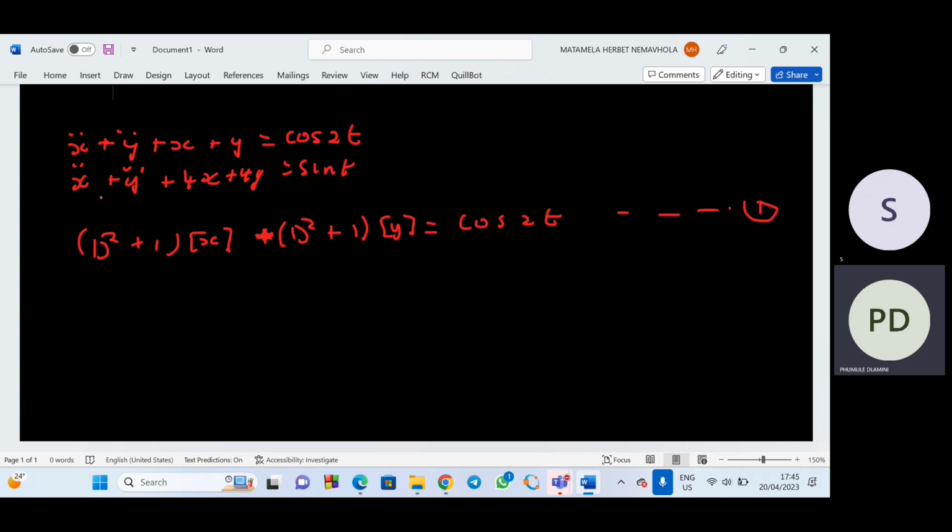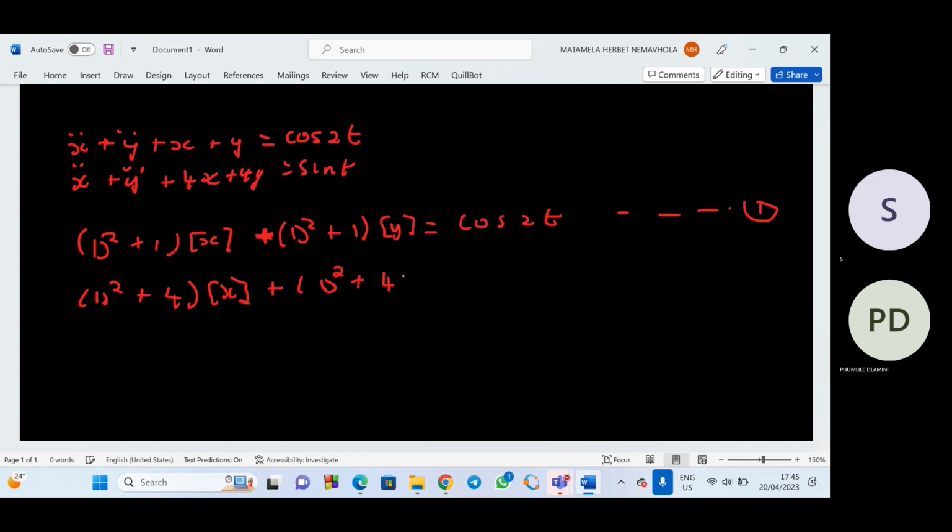Then we do the same to the second one. We have D squared plus 4 in brackets for the x side, plus D squared plus 4 in brackets for y, which is equal to sine t.